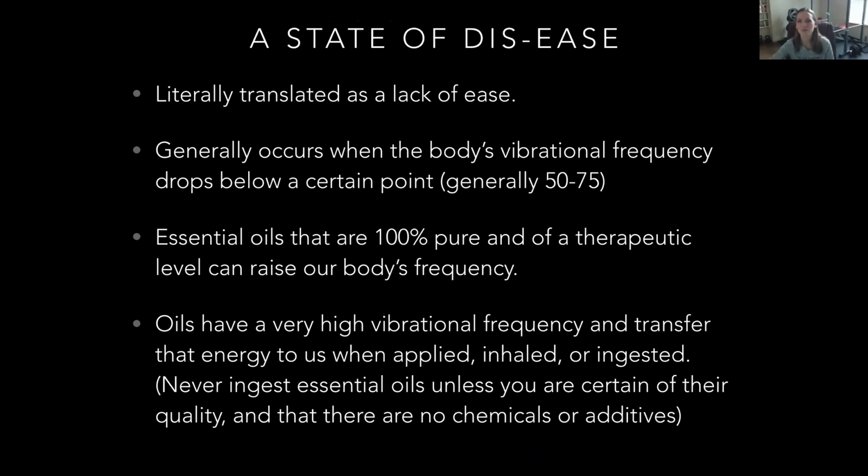So a state of dis-ease is generally translated as a lack of ease. We're just not at ease anymore because everything's all out of whack. This generally occurs when the body's vibrational frequency drops below a certain point. On average, it's 50 to 75.